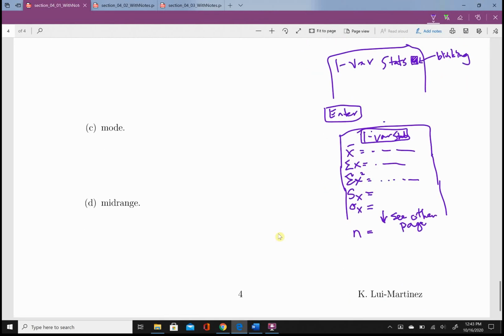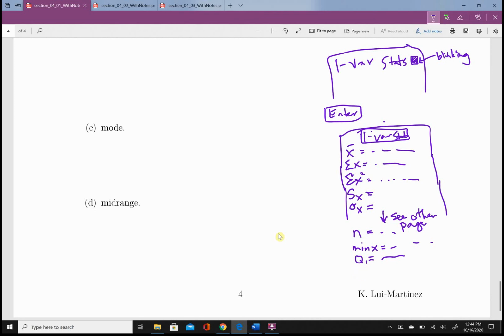What else are you given? Min x, the minimum value, some number, Q1, which is the first quartile. Again, we'll talk about that at a later time. That comes up in the box plots section, 4.3. Oh, actually they don't give you Q2. They give you the median, which is the same as the second quartile value.